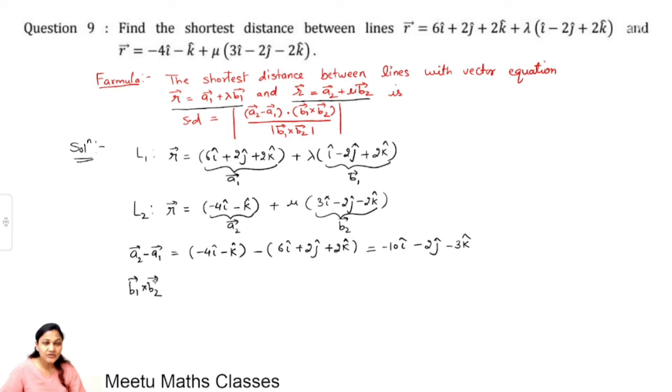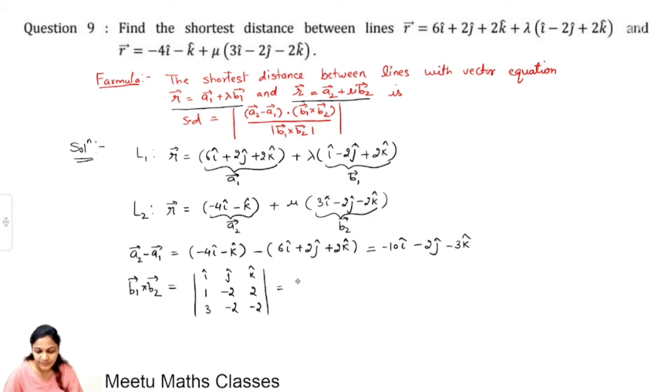So b1 cross b2 is equal to the determinant of i, j, k. The components of b1 vector are 1, minus 2, 2, and scalar components of b2 vector are 3, minus 2, minus 2.